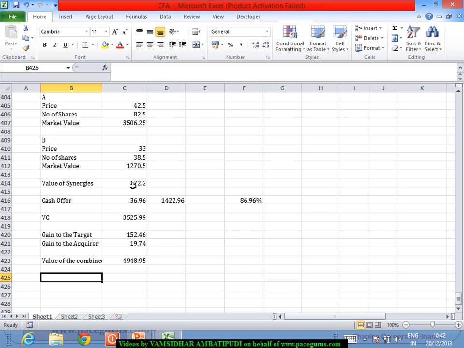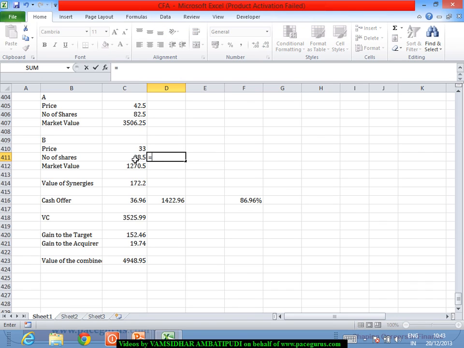Now what we have to look at is the gain that the target is getting. In this case, all I am seeing is how many shares are coming up. Initially there were 38.5 million shares of B. Now for each share of B, around 0.87 shares of A are being offered.